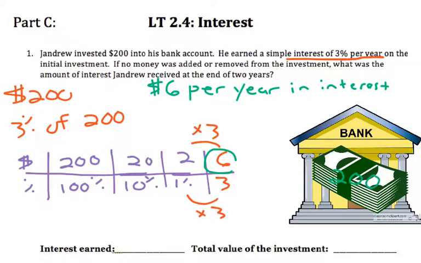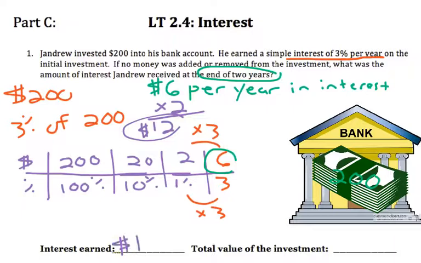But we're not done, because the last sentence says, what was the amount of interest Jandrew received at the end of 2 years? So if he makes $6 in interest in 1 year, then all I have to do is multiply that by 2 to figure out that in 2 years, he's going to make $12. So for interest earned, I'm going to put $12. And the last answer says, what's the total value of the investment?